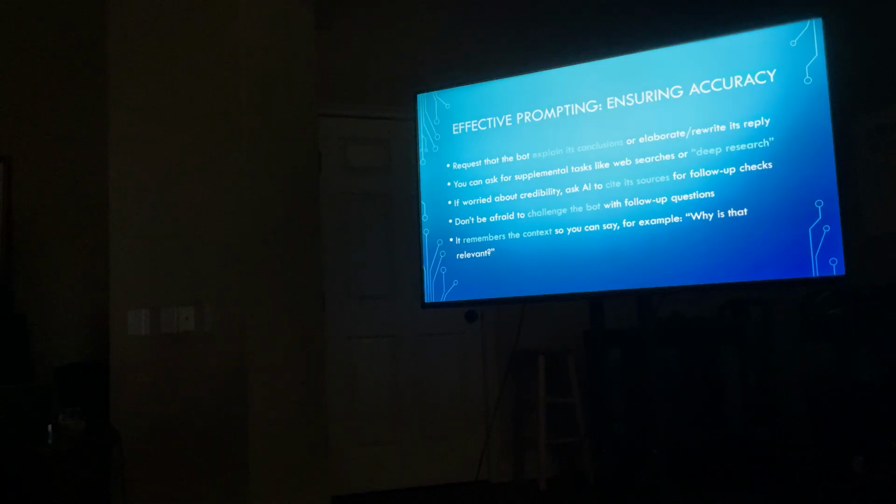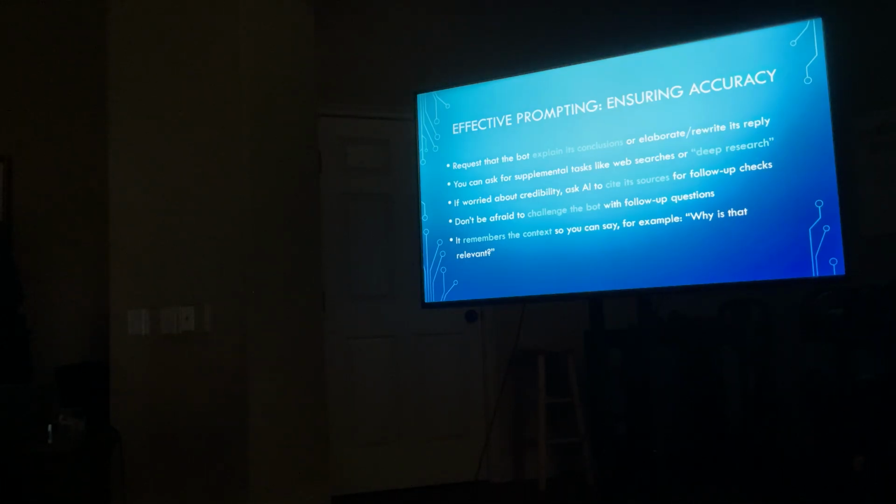So, if you're not sure of what the bot's telling you, or just as a good practice anyway, ask it to explain its conclusions, or elaborate, or just rewrite the whole thing altogether if you don't like what you heard the first time. It knows the context you're talking in, and it'll come right back with a rewritten section. You can do the deep research button.